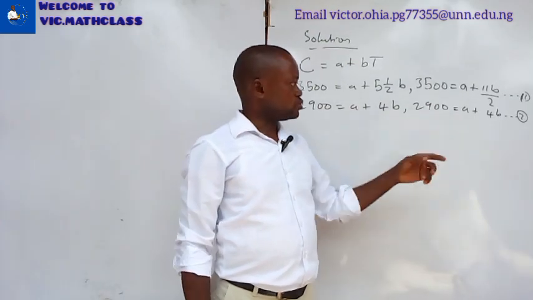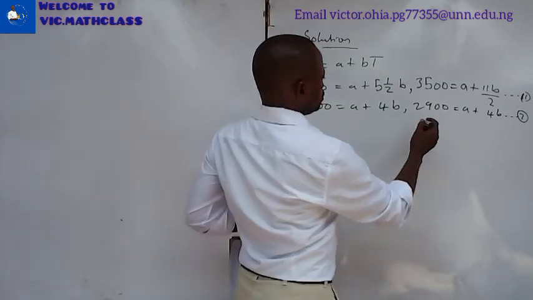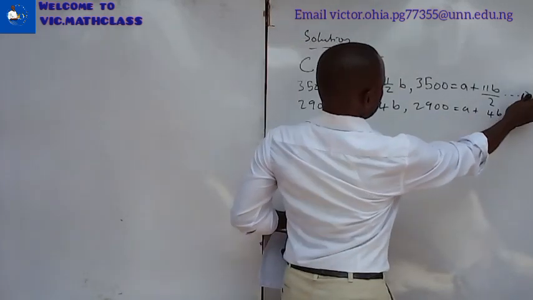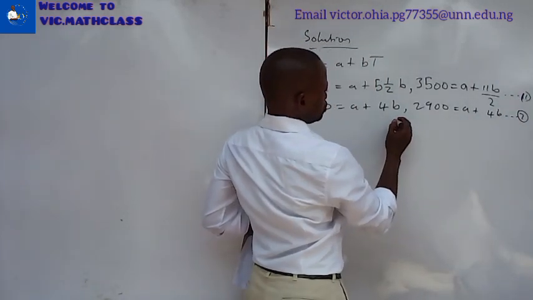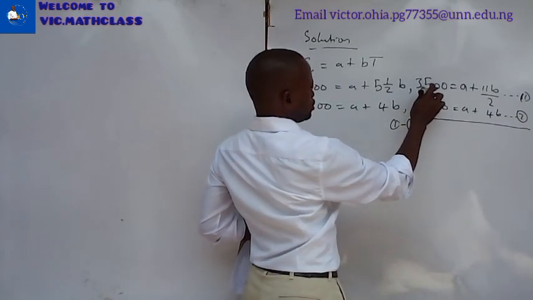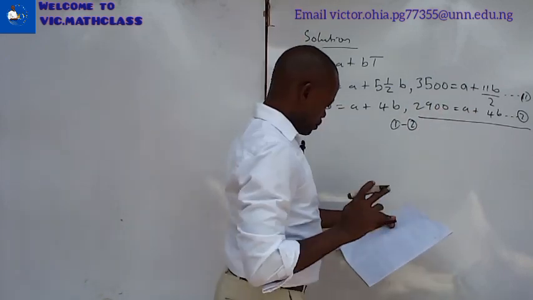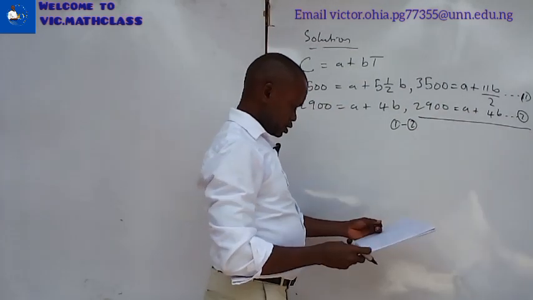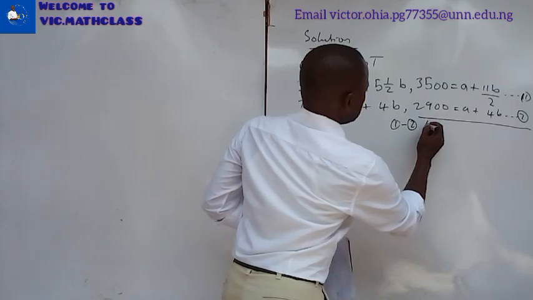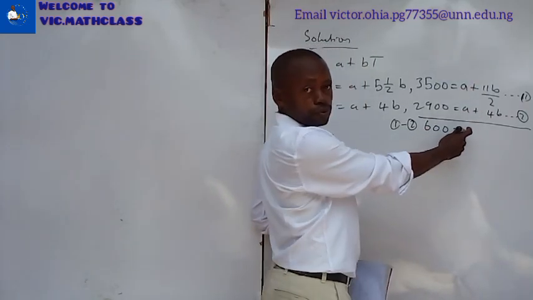So if I say 1 minus 2, I am going to have 3,500 minus 2,900, which by my calculation is 600. 600 equals A minus A, which is 0.